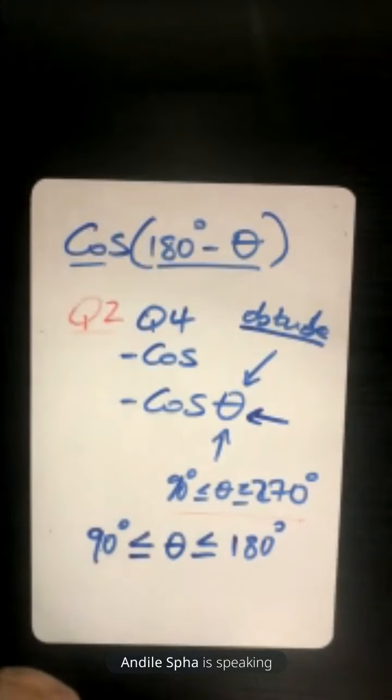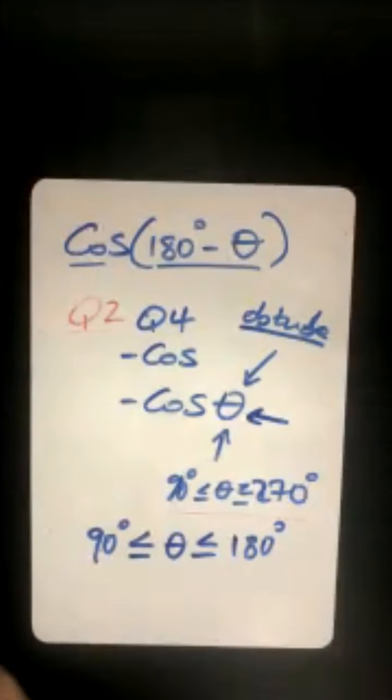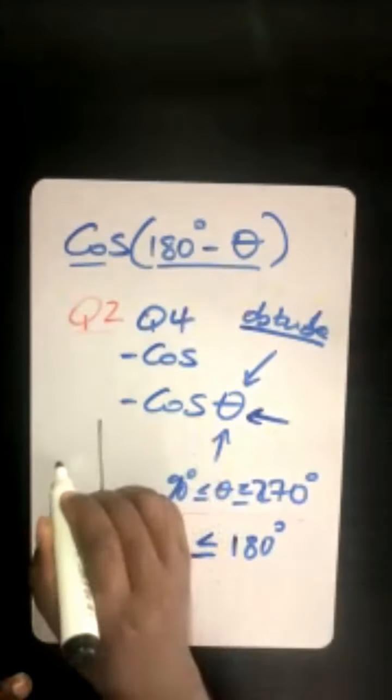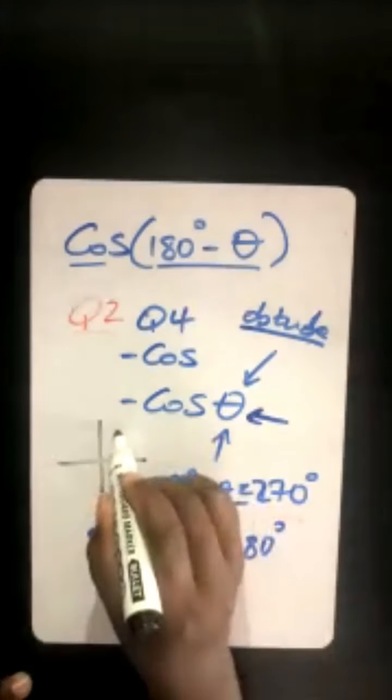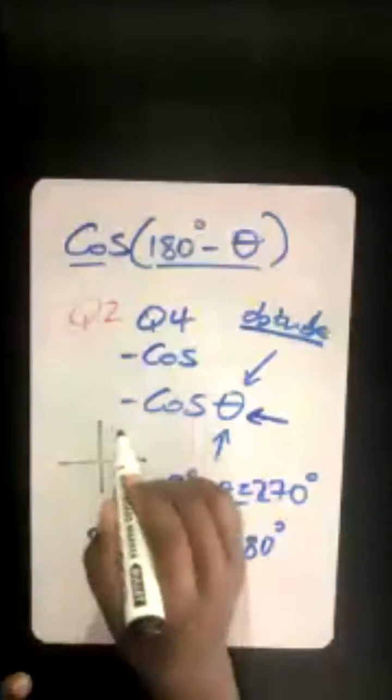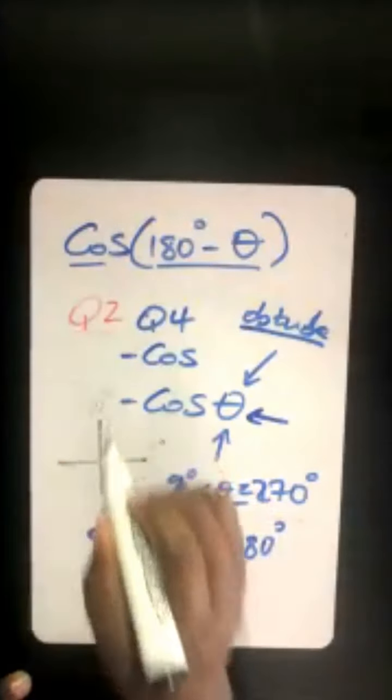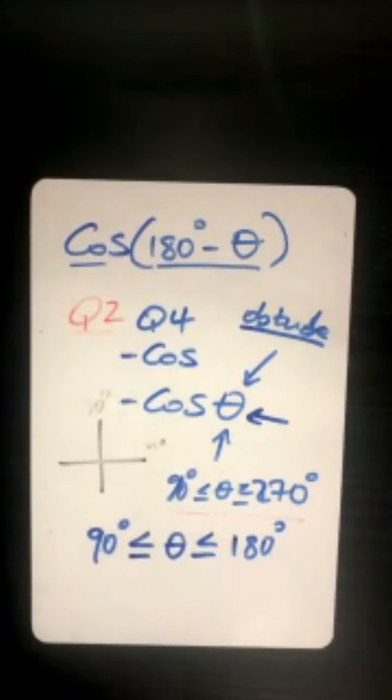Okay, so I'm going to explain, guys. Remember, we have a Cartesian plane. These angles which are between 0 degrees and 90 degrees, what do we call those angles?